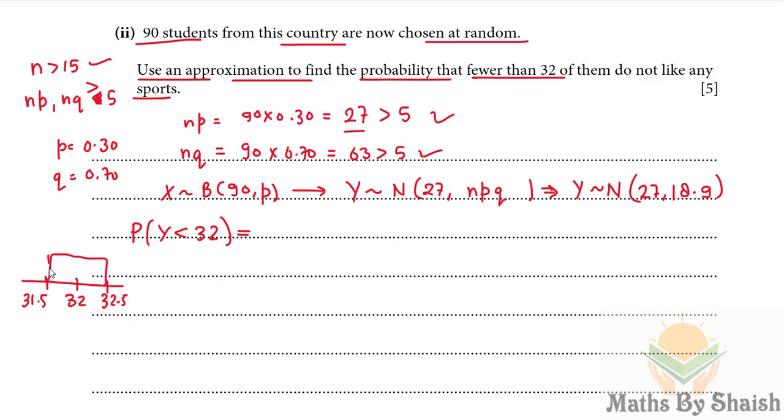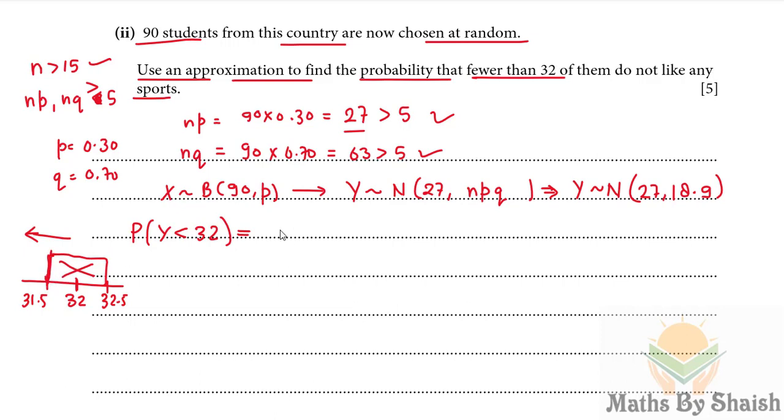The question is Y less than 32. It means if you're not including the number, you'll not include the bar. Here the number is 32 and we are not including it, so we cannot touch any number within this bar. It means we have to start our journey from 31.5.